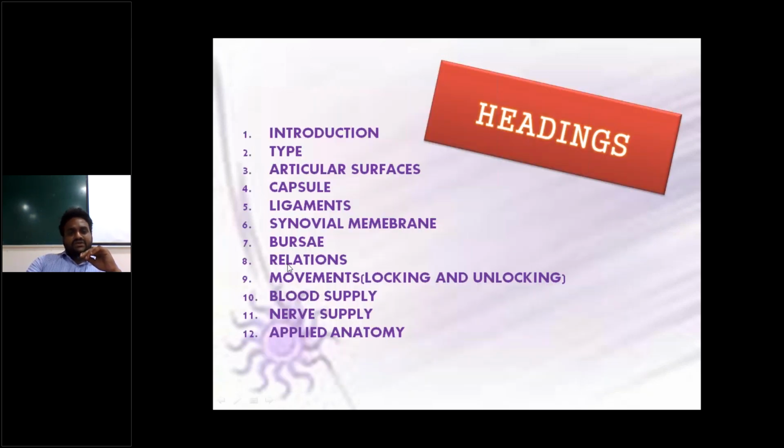So next we see the movements of the knee joint. Especially we are going to learn about the locking and unlocking of the knee joint. This is a very important topic, a short notes question, a 5 marks question.